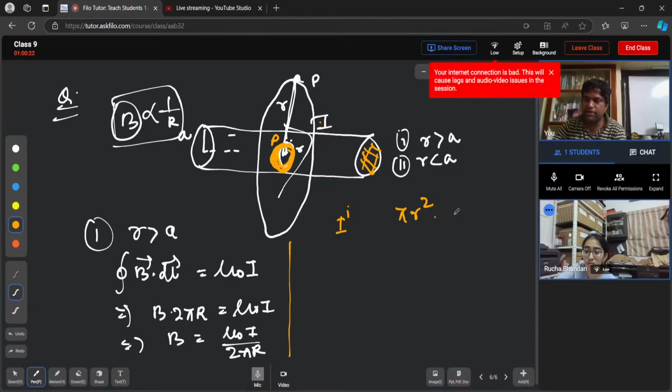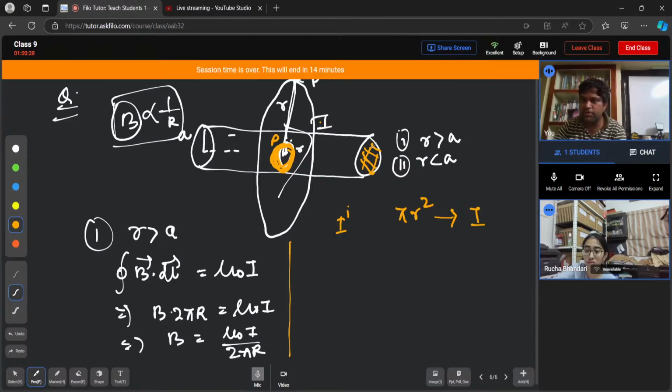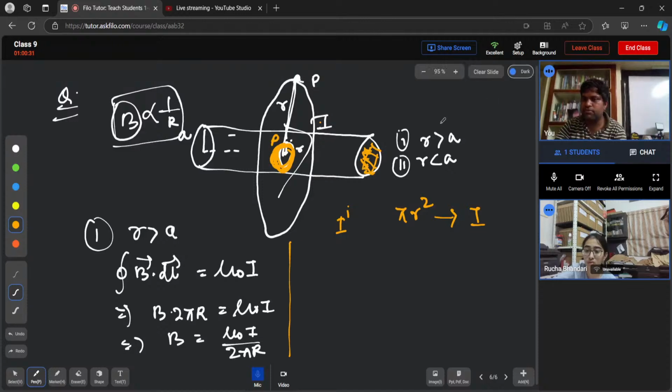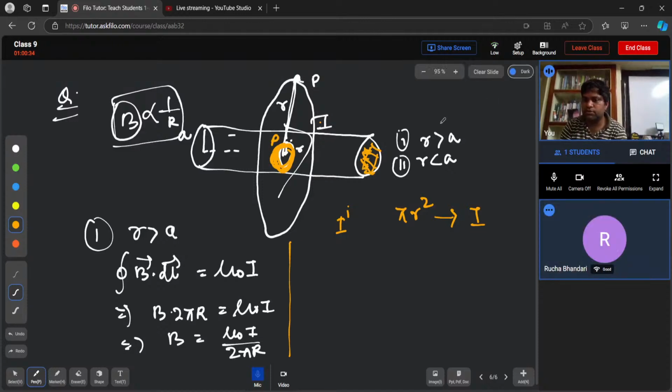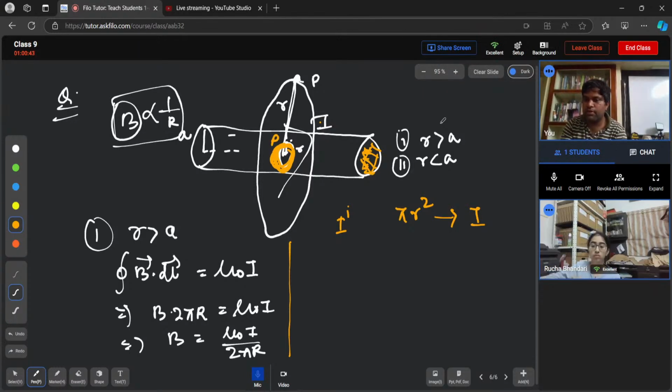For pi a square area, the current is I, because I is distributed all over the area. So for unit area, if we use the unitary method, how much current will be there? I by pi a square.